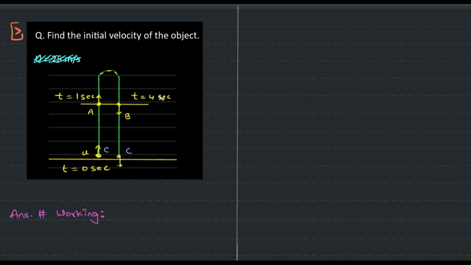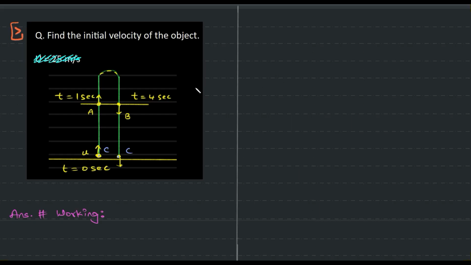So what do we have? We have the object passing point A at 1 second, and it is in the air and back to the same point at the 4th second. So basically the object is going up and coming down in 3 seconds. So the time of the object going up is 1.5 seconds over here, right? 1.5, 1.5 and so on.